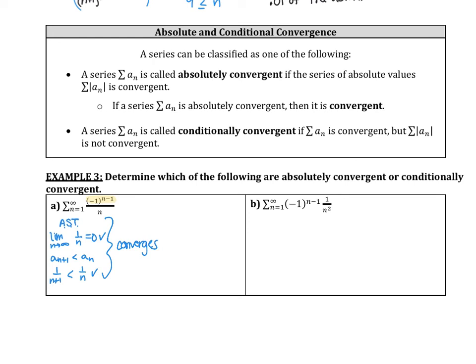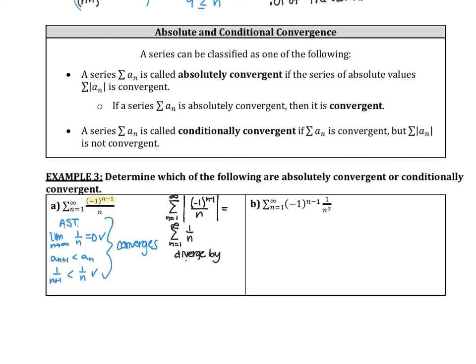But now what I need to check is whether or not the absolute value of the series converges, which really means I'm looking for, does the series of 1 over n converge? And the series of 1 over n happens to diverge by the p series.